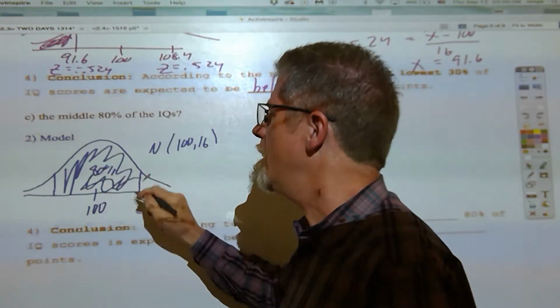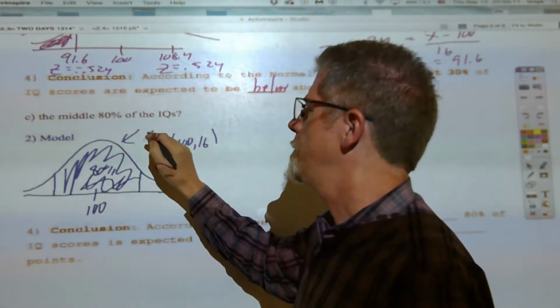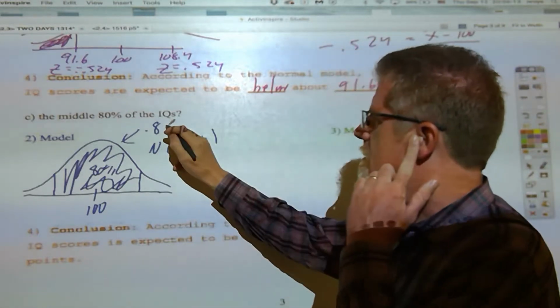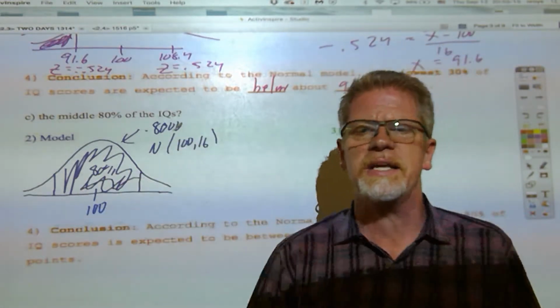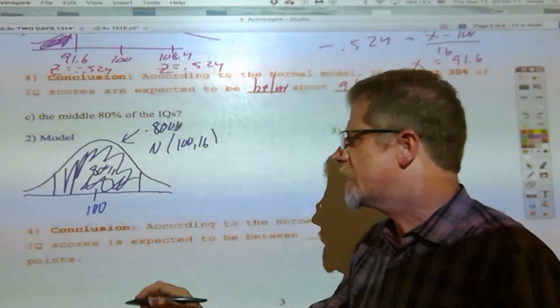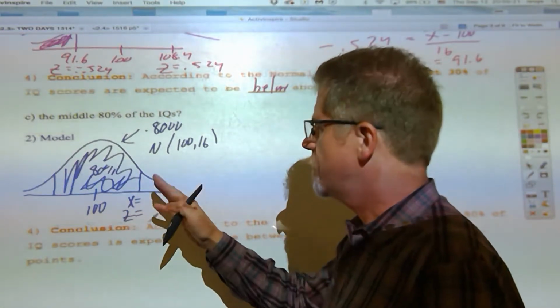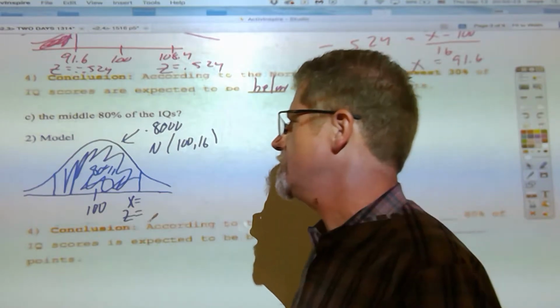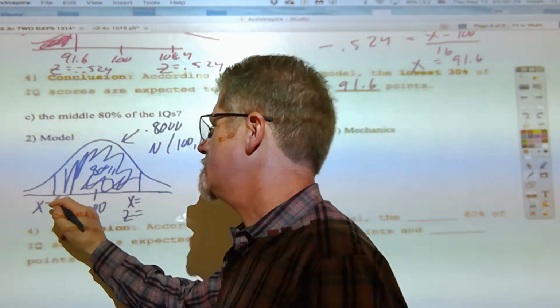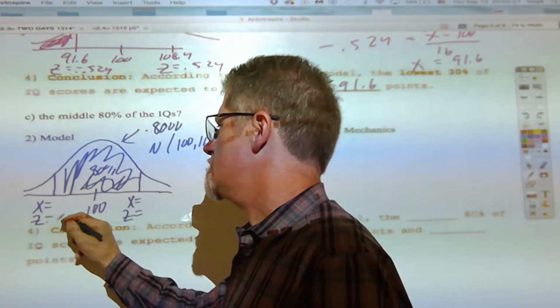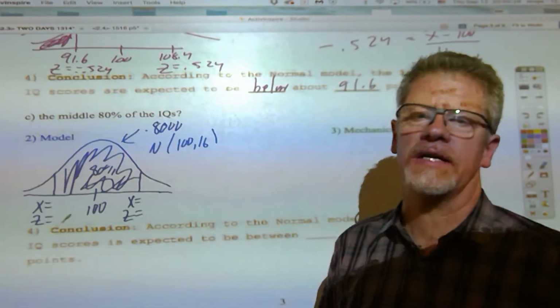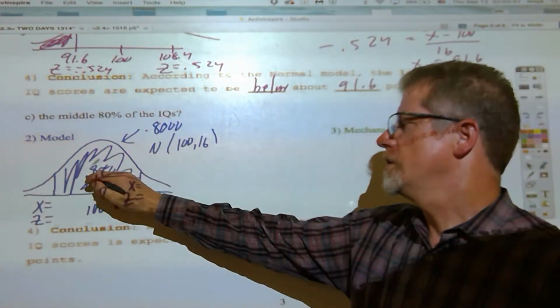The other 20% is unshaded. What are the cutoffs? X equals, Z equals, for the top of the shaded region, and X equals, Z equals, for the left-hand side of the shaded region.